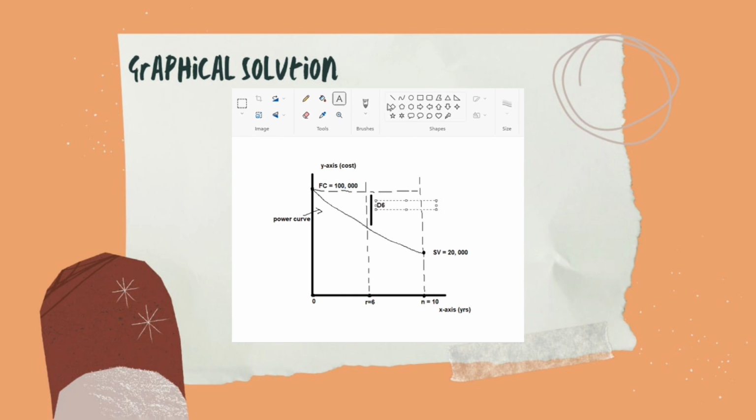This will be the depreciation charge, and book value at the end of 6 years.